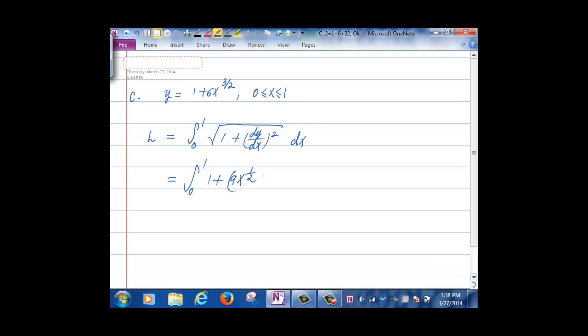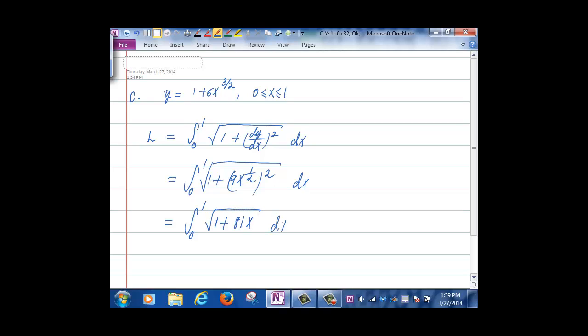And then I have to square that, right? Everybody's okay with that? Because what's the derivative of y? It's 6 times 3 half times x to the actually half, 3 half minus 1. So you're getting 3 times 6 divided by 2, which is 9 times x to the half. So that's what you have. And then this would be 1 plus 9 squared is 81, and then x.